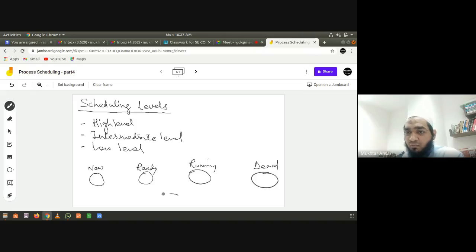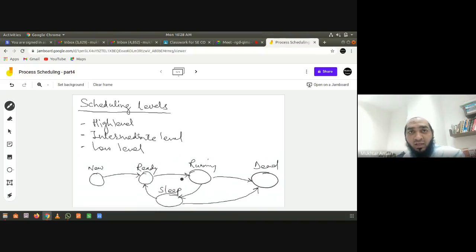In between, we have one state which is sleep or waiting state. From here it goes here, from here to here, and from here directly to dead. And from running it also goes to sleep, and from sleep it comes to the ready state also, and from sleep to the dead state, this is one possibility. Okay, so I hope you remember this diagram, the process state diagram.